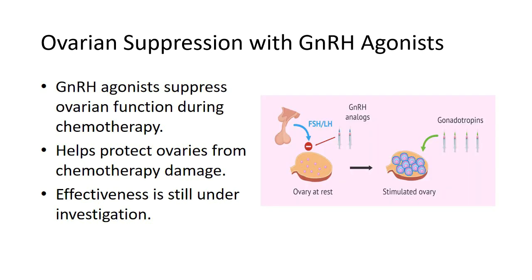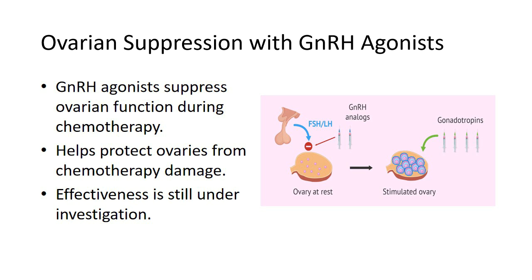D. Ovarian suppression with GnRH agonists. Process. The use of GnRH agonists, for example leuprorelin, during chemotherapy helps to temporarily suppress ovarian function and protect eggs from the damaging effects of chemotherapy. Indications.